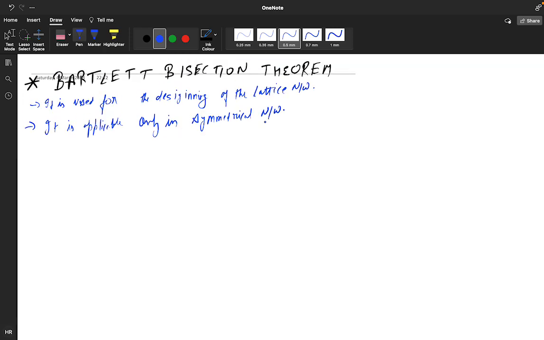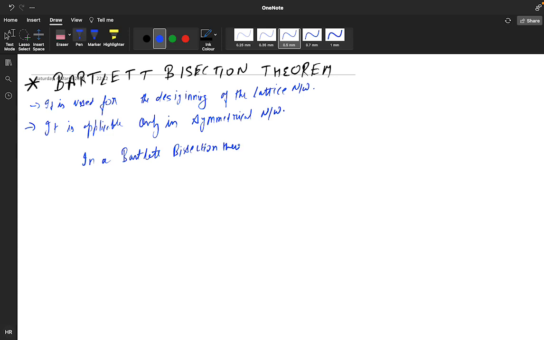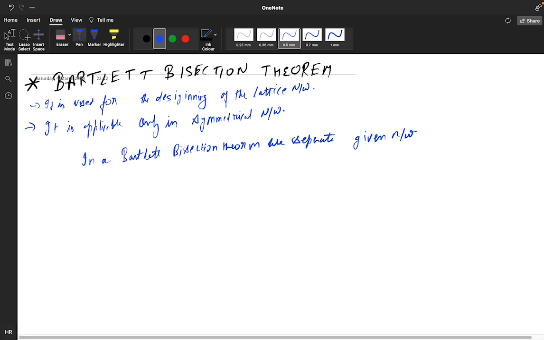In Bartlett bisection theorem, what do we do? We separate the given network into two equal parts.